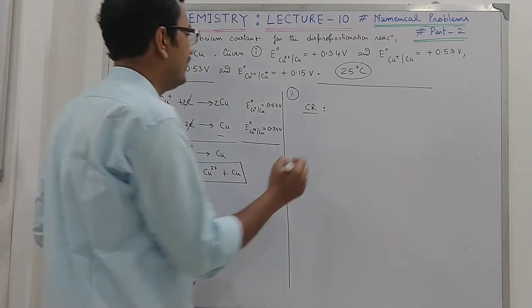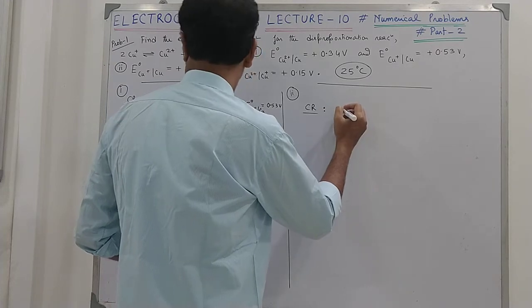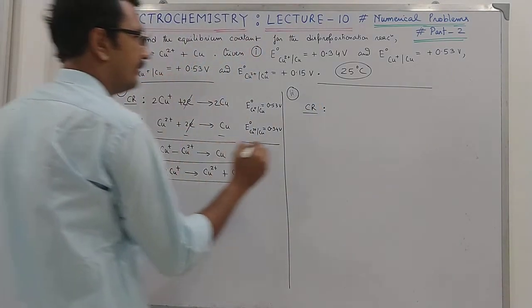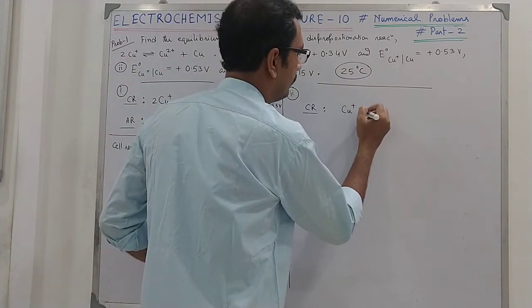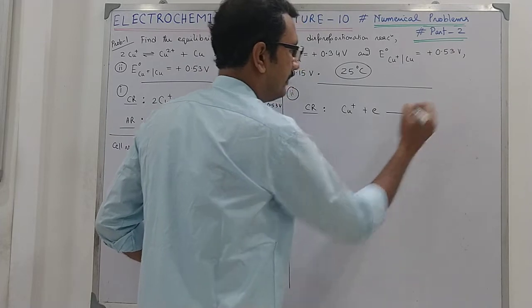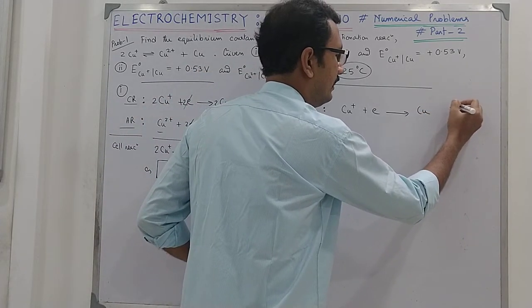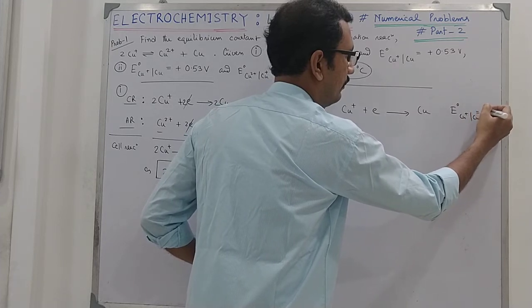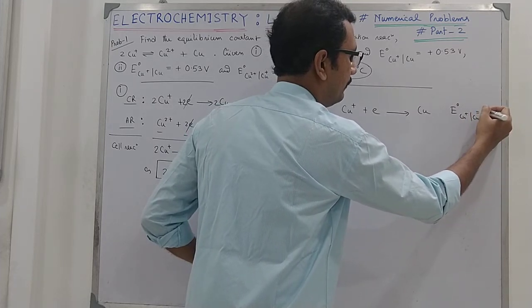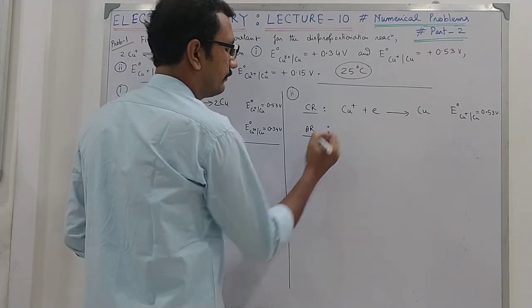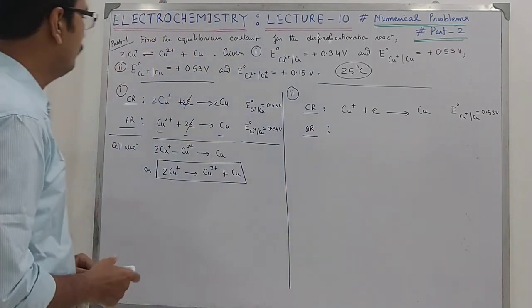So the cathode reaction is this one, it will play the role of cathode, so it will be Cu+ + electron arrow Cu, and the voltage given is E0 Cu+/Cu equals 0.53 volt. And in the anode, what will it be?